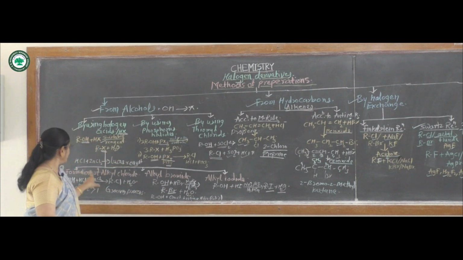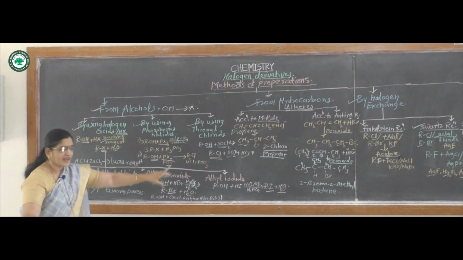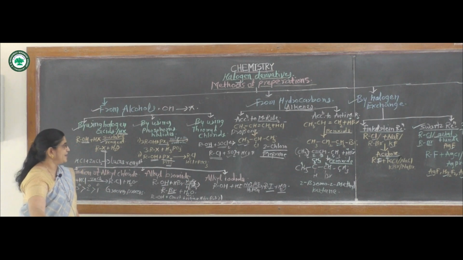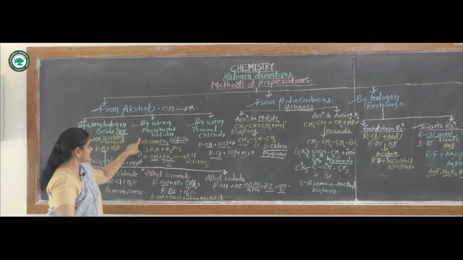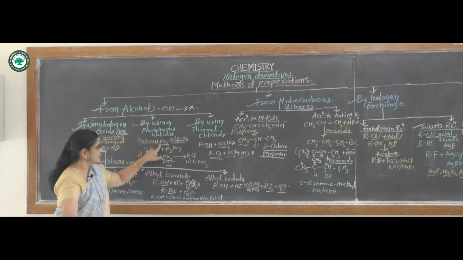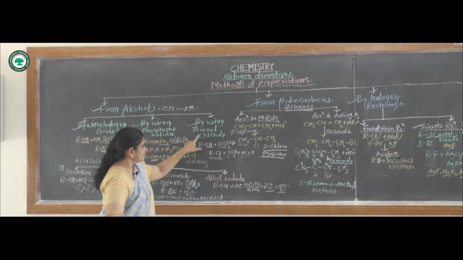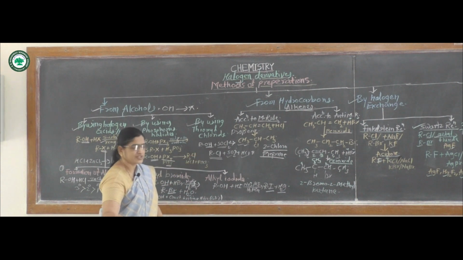Again by using halogen acid there are three reactions: formation of alkyl chloride, alkyl bromide, and alkyl iodide. Then by using phosphorus halides, again there are two reactions: reaction with phosphorus trihalides and reaction with phosphorus pentahalides. And the third reaction by using thionyl chloride, that is ROH plus SOCl2.